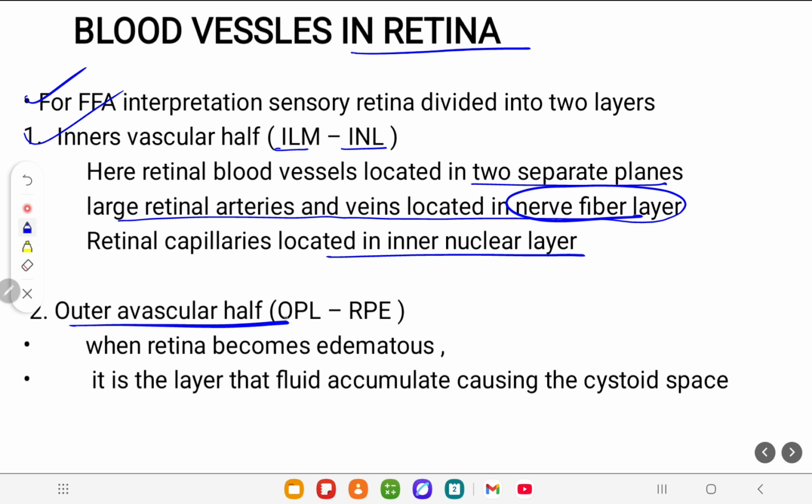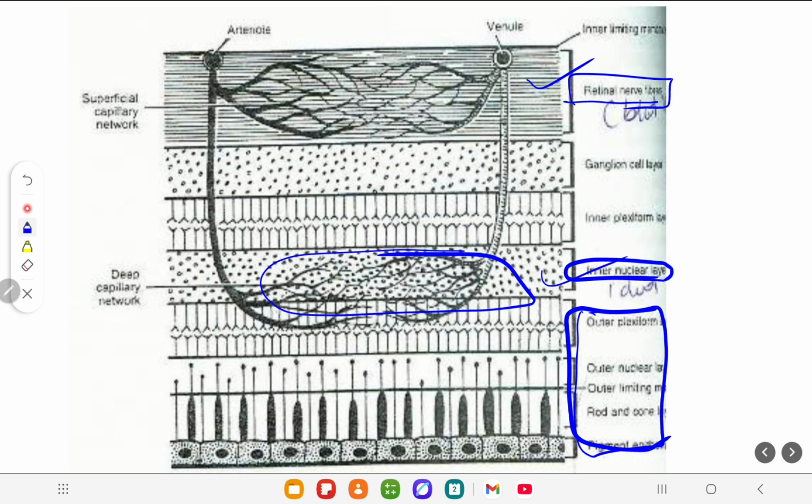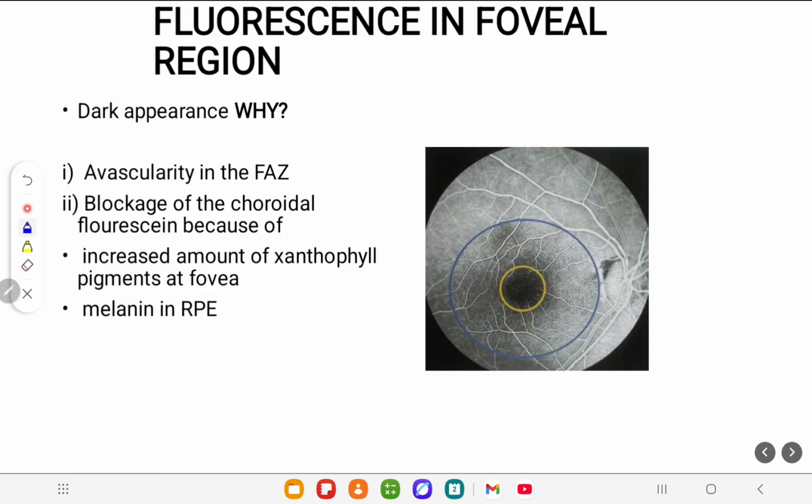This outer avascular half, from the outer plexiform layer to the RPE, is the layer where fluid accumulates and causes cystoid spaces, because this is the avascular zone of the retina. Okay, fine. I have already explained this picture.